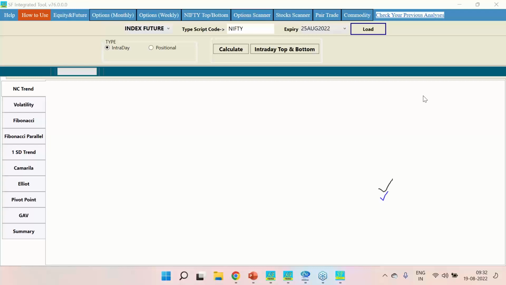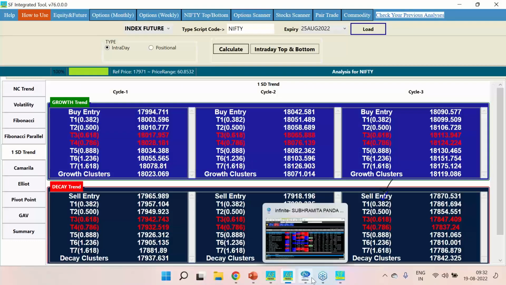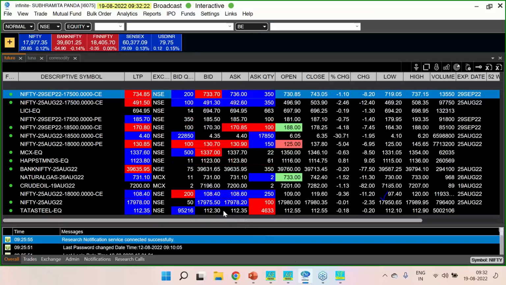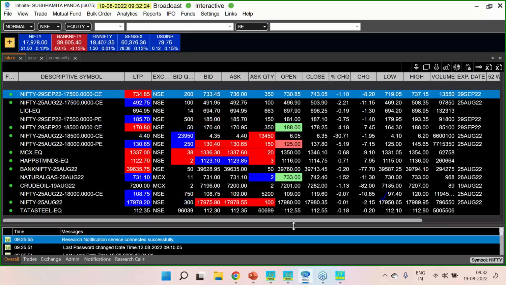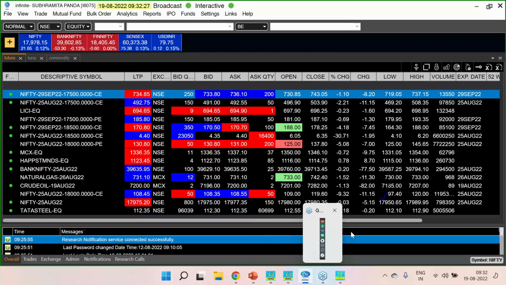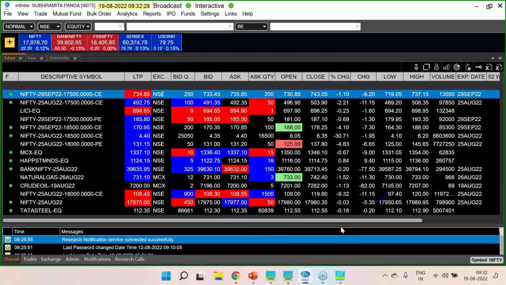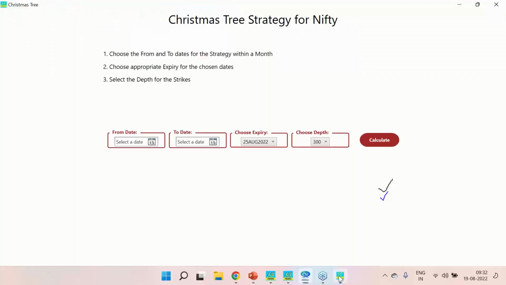Let us start by loading the data for the Nifty. Nifty is now at 17,975-78 level, and yesterday it went to 18,000, just touched and came back from there. Sensex is also high.